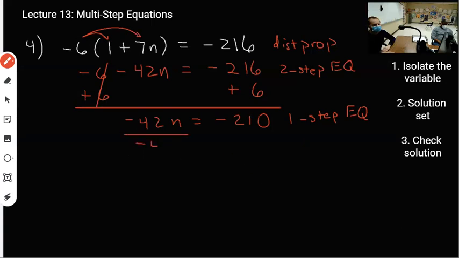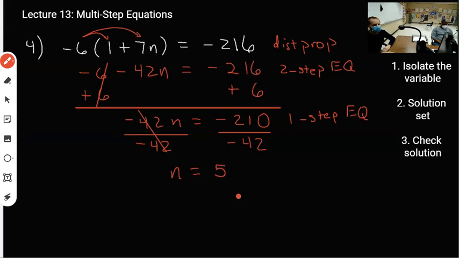When I do that, they cancel out on the left side. I have to do the same thing on the right side. Now I have negative 210 divided by negative 42. What that means is I'm going to have a negative divided by a negative, which is going to give me a positive number. And that positive number is going to be 5.